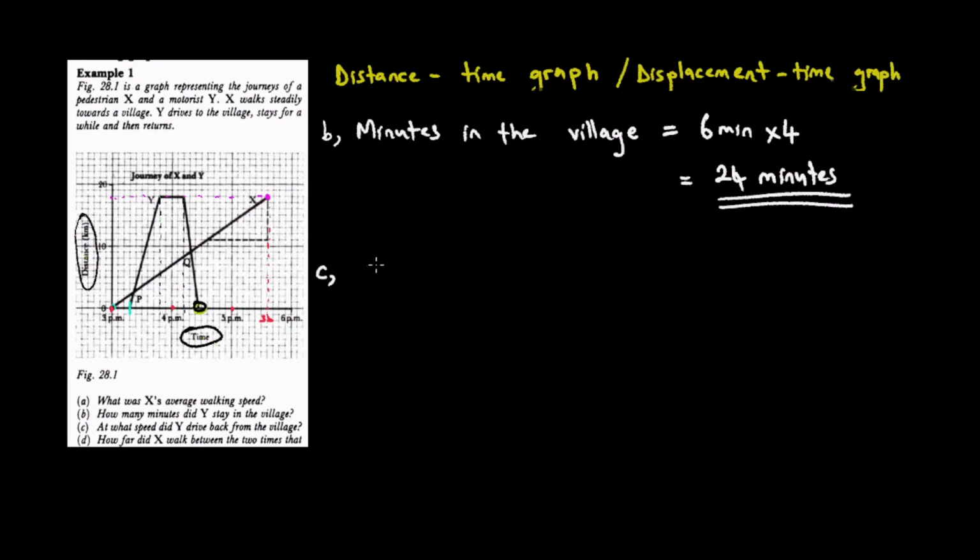So you can see that driving back from the village is from here back to the village here. You can see that this straight line is telling us the driving back to the village. So we need the speed here. We can ask what the distance traveled from point to point is. Don't you see that the distance just stays at 18 kilometers?